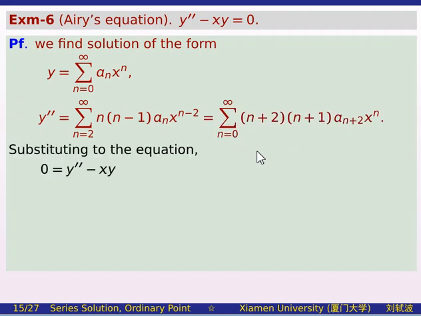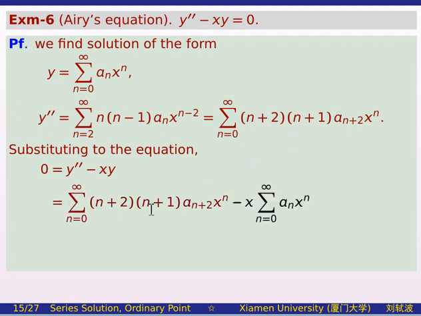And substituting all this into the equation, that is 0 equals y double prime minus xy. This is the power series for y double prime, then minus x times y, the sum over n from 0 to infinity of an xn. Now we copy the expression for y double prime, and then we move the x inside the summation of the expression for y.